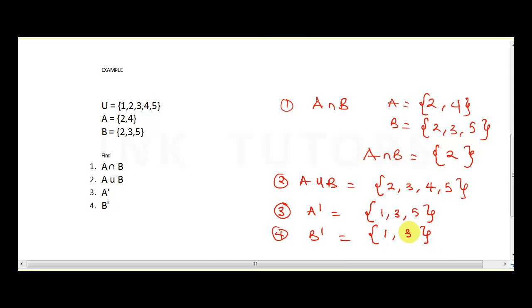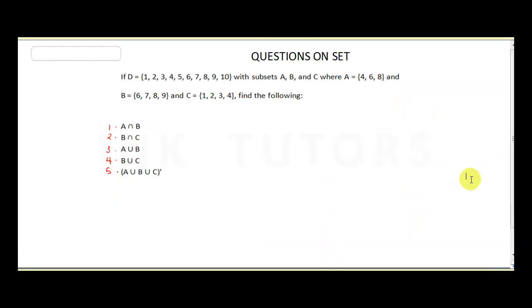So the next thing we will be doing is a question that we will be solving on sets. So this question says if D is equal to 1, 2, 3, 4, 5, 6, 7, 8, 9, 10 with subsets A, B, and C, where A is 4, 6, 8, B is 6, 7, 8, 9, and C is 1, 2, 3, 4.